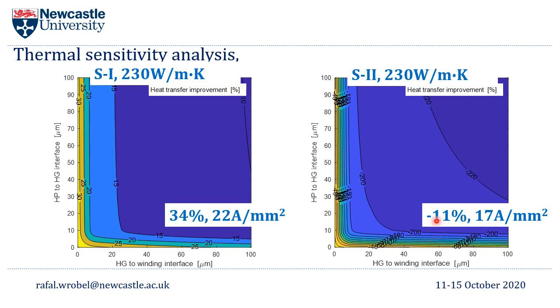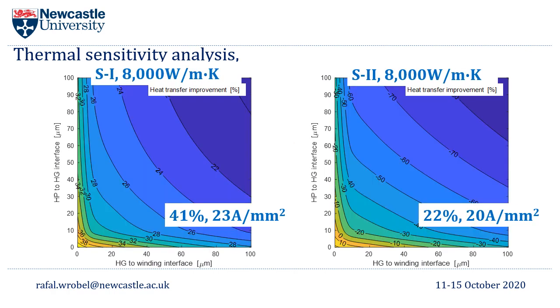Here we have 11% reduced heat transfer and 17 amps per meter square. It is also important to note here that the contact thermal resistances between those two sub-assemblies have a significant impact on the overall heat transfer improvement in both systems.